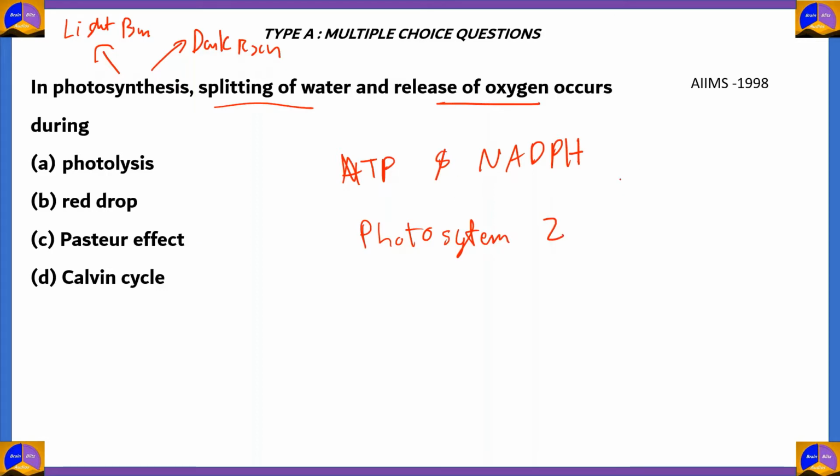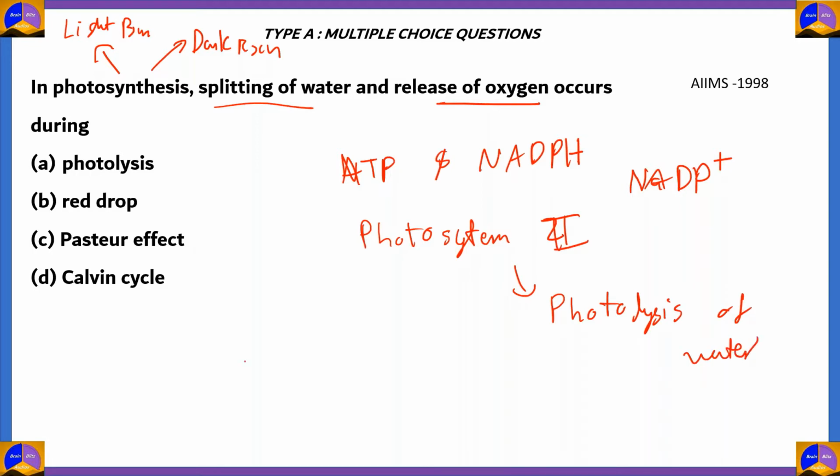So in order to convert NADP plus, it needs an electron, and in order to get this electron, what it does is it initiates photolysis of water, and the reaction is 2H2O gives 4H plus O2 plus 4 electrons.